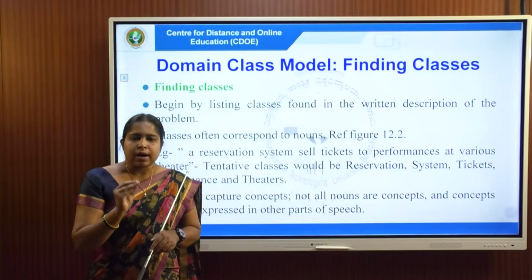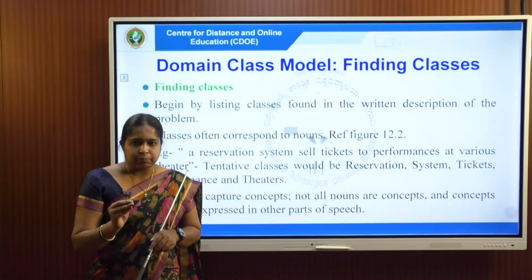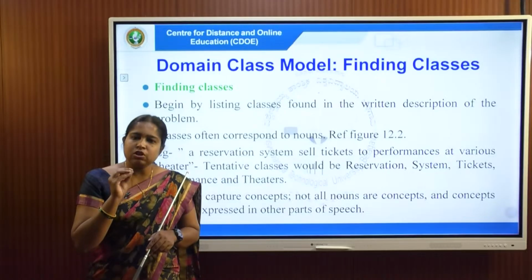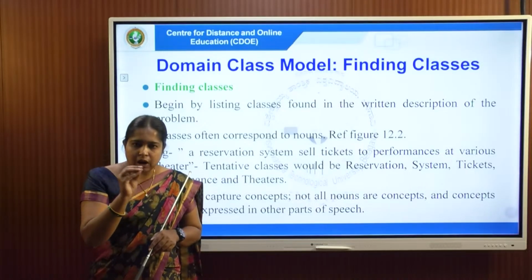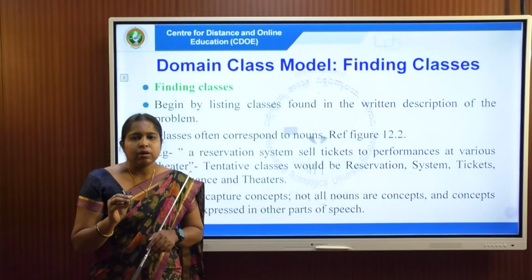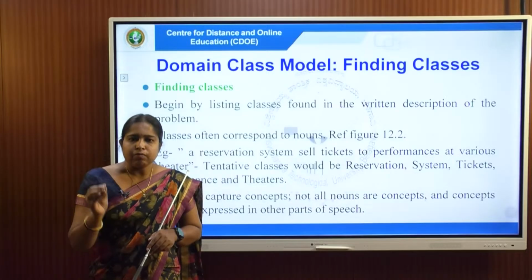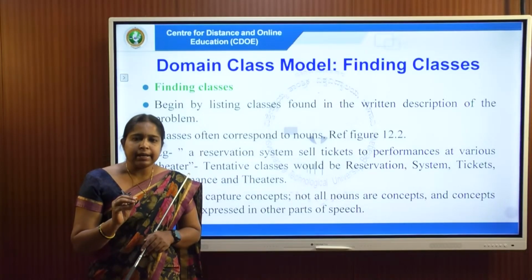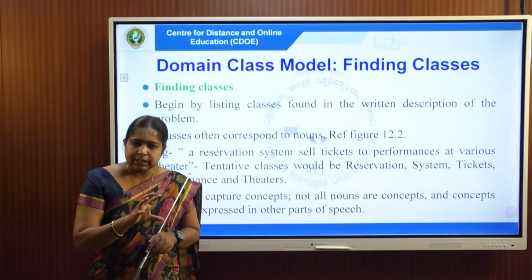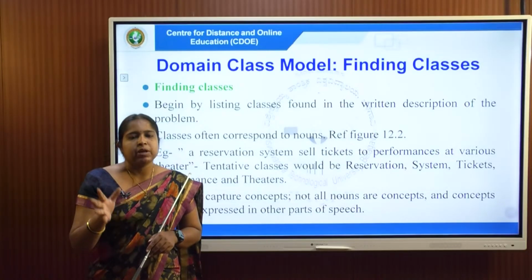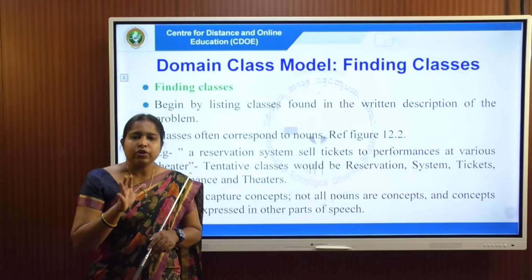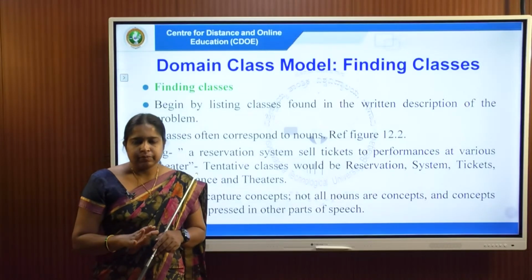From a noun you have to capture the concept. Whatever nouns you have identified from the problem statement, now you have to refine them. Check whether the identified noun is a concept or not. If it is not a concept, you remove it; otherwise you keep it as a class.